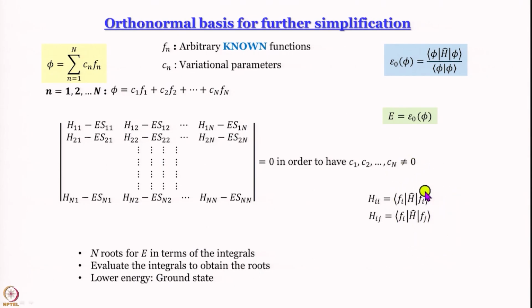So if I choose an orthonormal basis where all these f functions are orthogonal to each other and are themselves normalized, then I know very well what Hij will be.